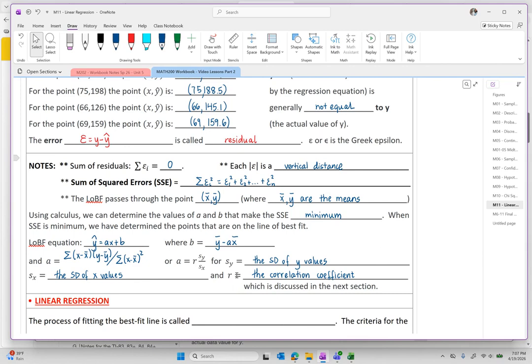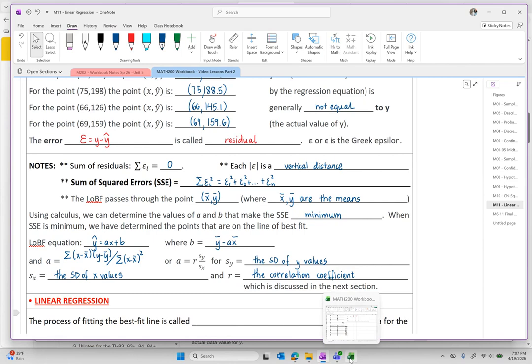Now, I would like to do a little bit of math here and see. They don't pertain to the notes. They are just for encyclopedic knowledge and for practice here with the least squares regression line. I want to see if we can actually generate this line ourselves.